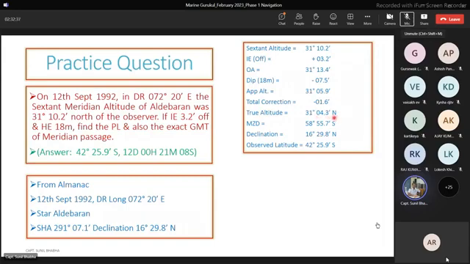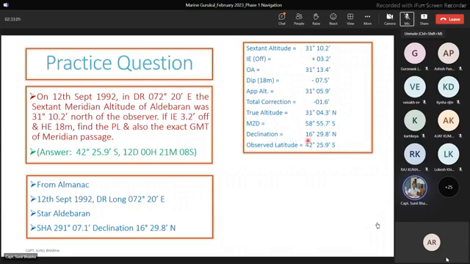The altitude is to be named as per our naming system. It is mentioned in the question that the star is north of the observer. So altitude is named same as azimuth. That's why we see the altitude named north. The MZD is 90 minus true altitude, which comes out to be 58 degrees 55.7 minutes, and it is named opposite to the azimuth, in this case south.